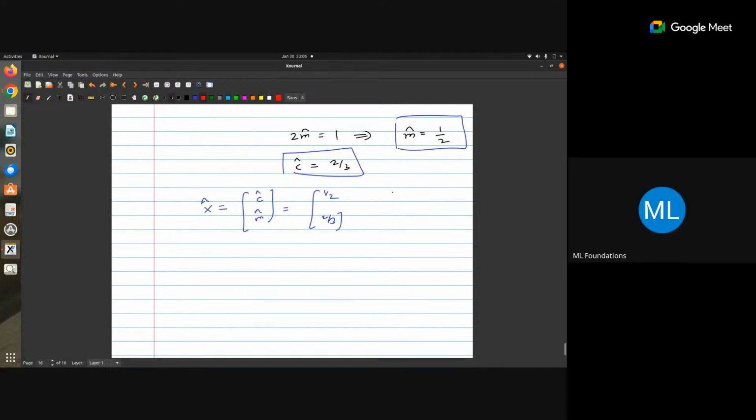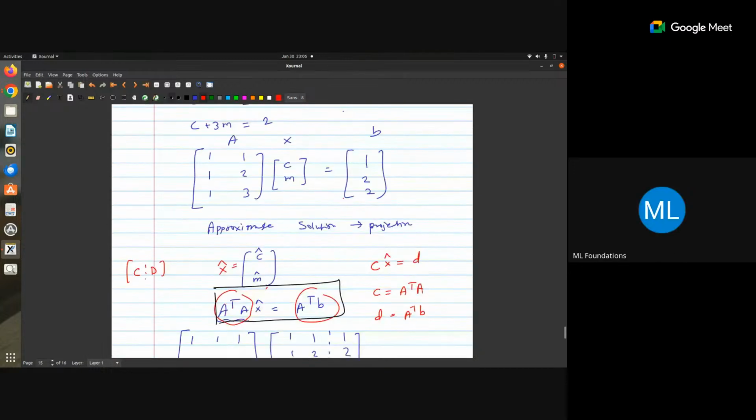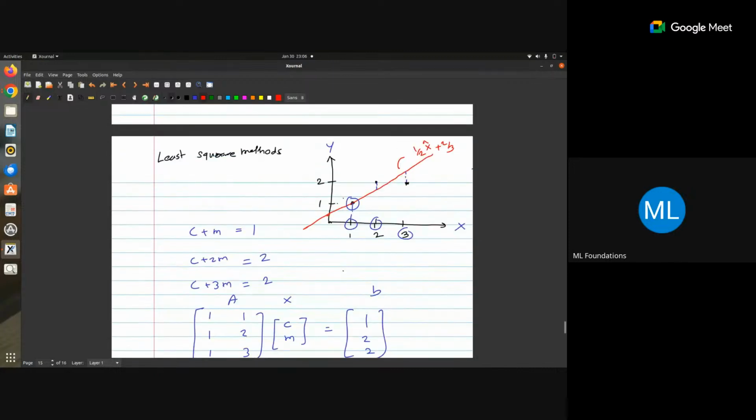What is the equation now? Y hat is half x hat plus 2 by 3.